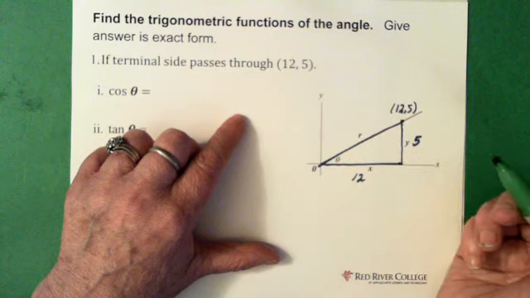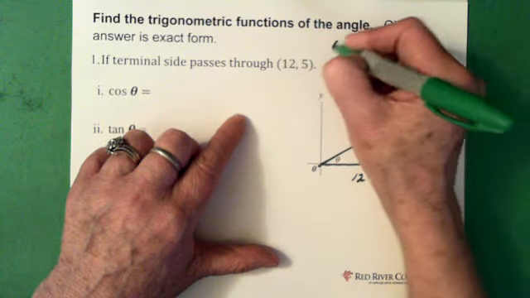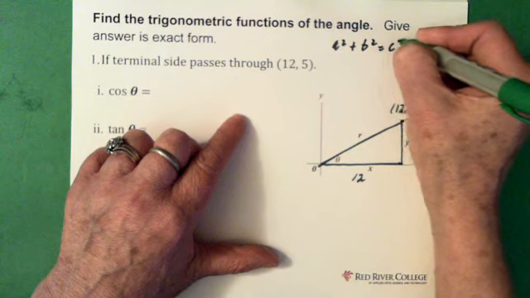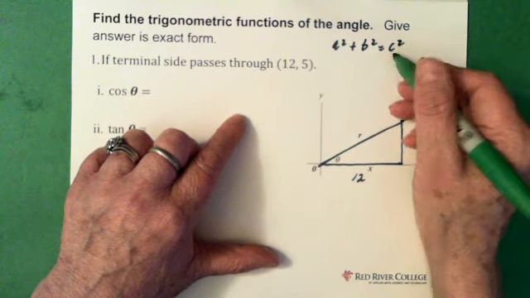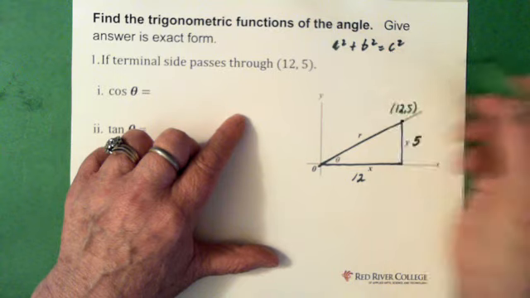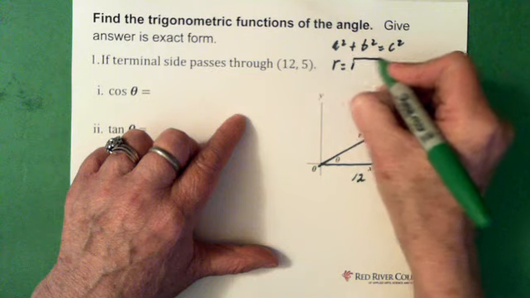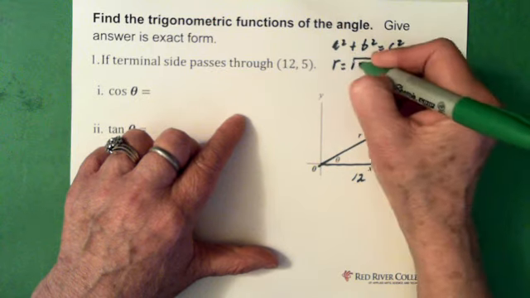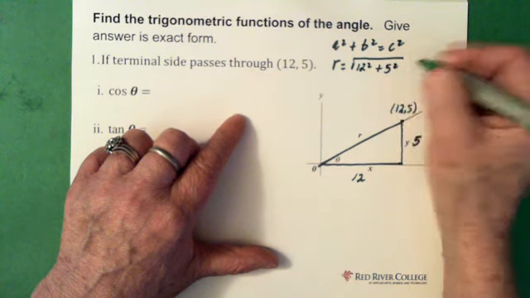Now what we need to do is solve for r, and we use Pythagoras. A squared plus b squared equals c squared, and we're looking for our hypotenuse. So r equals the square root of a squared plus b squared, so 12 squared plus 5 squared.